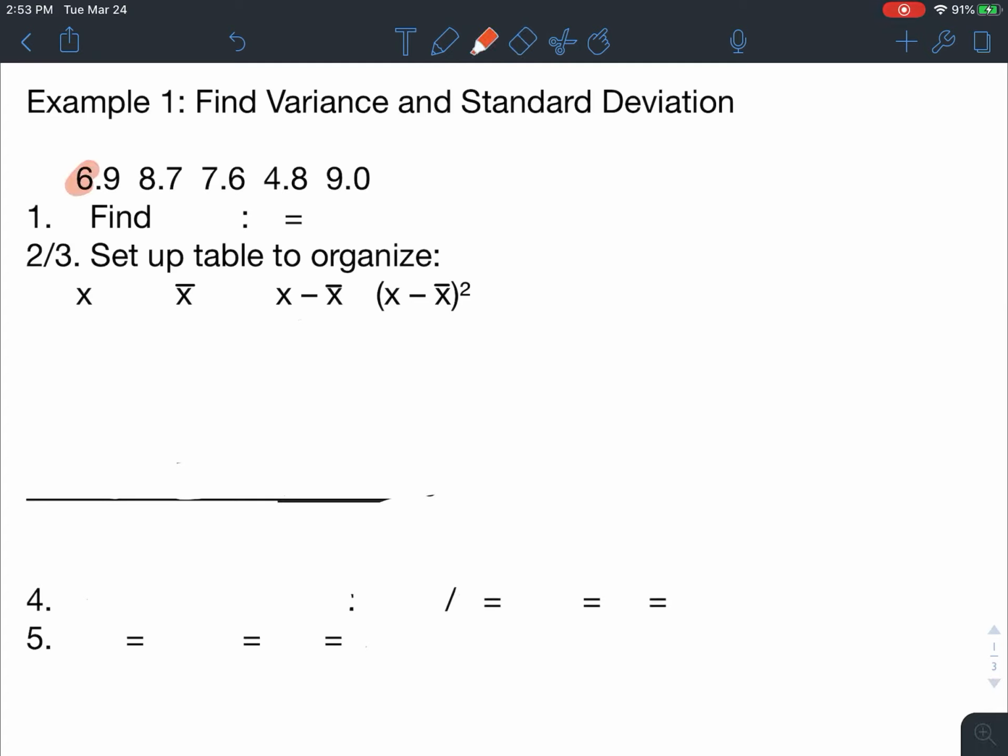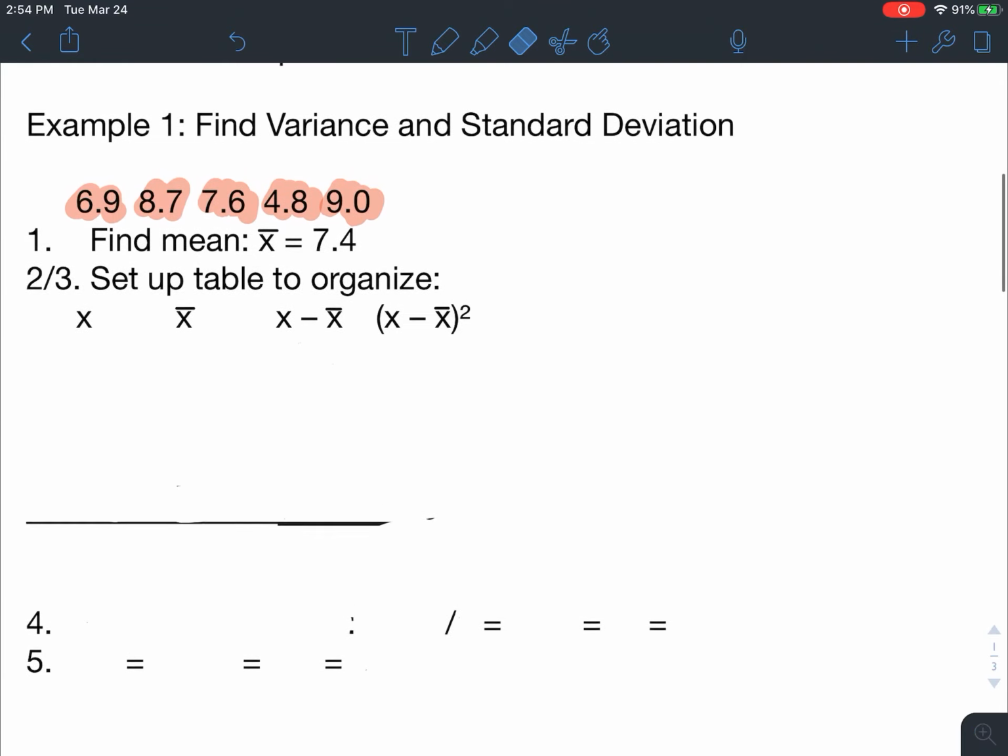So here we have a set of data: 6.9, 8.7, 7.6, 4.8, 9.0. The first thing we're going to do, and we can use our steps from above, is find the mean, which is X with the line on top. The mean, remember, is 6.9 plus 8.7 plus 7.6 plus 4.8 plus 9.0 divided by 5.